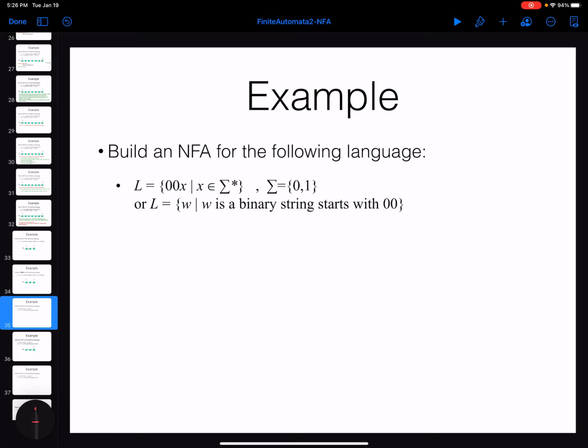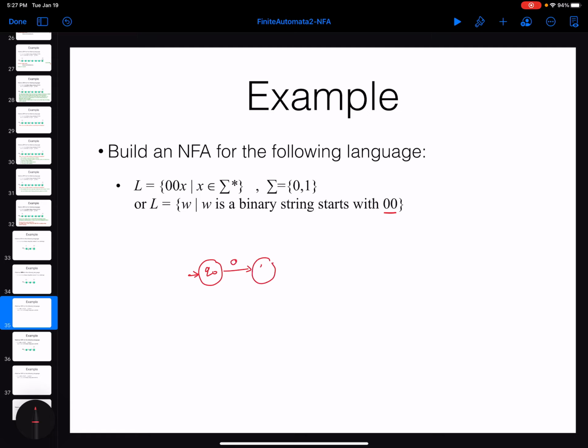Okay, design an NFA that accepts this language, all the binary strings that this time start with 001, not just having the pattern. Designing an NFA for this one again is going to be very easy. You can start with some state Q0, and here I don't allow any other transition except the transition on 0.